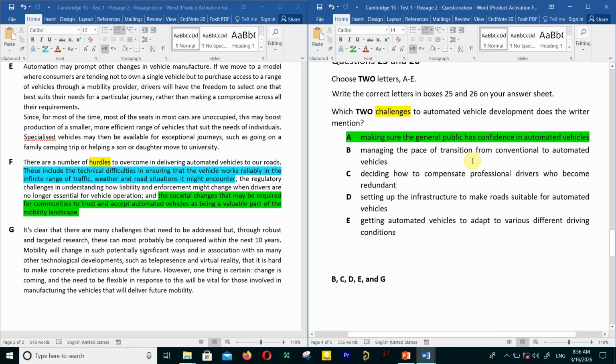Managing the pace of transition from conventional to automated, no. Deciding how to compensate professional drivers who become redundant, no, nothing about that.